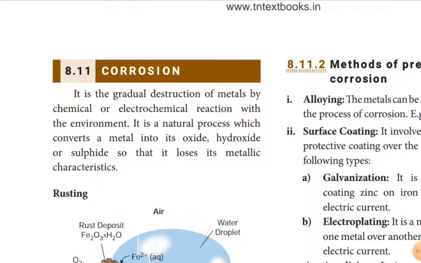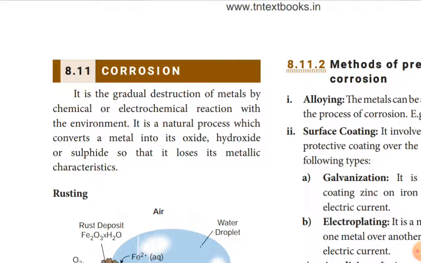Destruction means the action of damaging the metal, damaging the nature of the metal. That is destruction by chemical or electrochemical reactions which take place in nature, by the environment. So it is a natural process which converts a metal into oxide, hydroxide or sulfide.